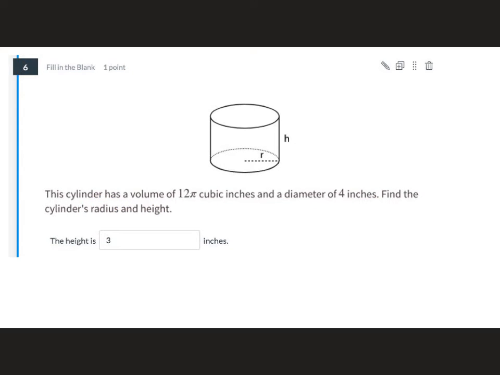So going along with that same one, again, our volume is 12 pi. We have a diameter of 4, so it makes our radius 2. And we're looking for the height. So our height is a question mark. We know the equation for a volume of a cylinder is pi times radius squared times height.